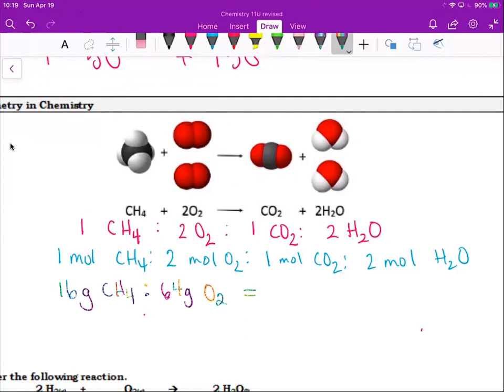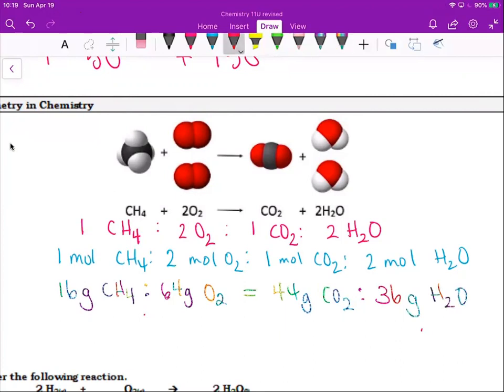It's going to react to form how much? 12 plus 32, 44 grams of carbon dioxide and 36 grams of H2O.